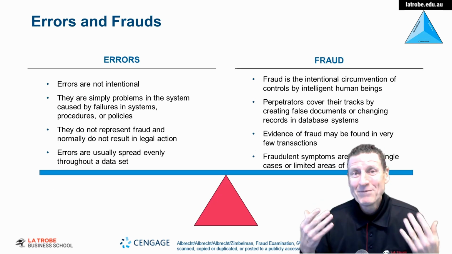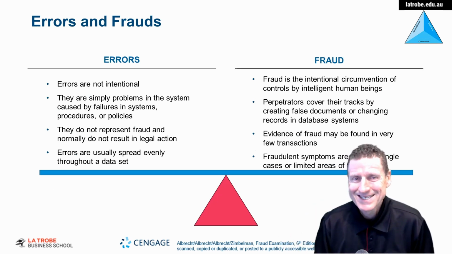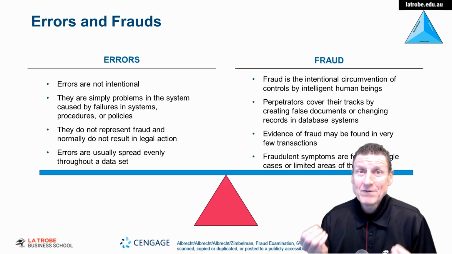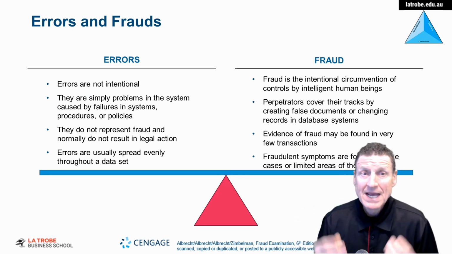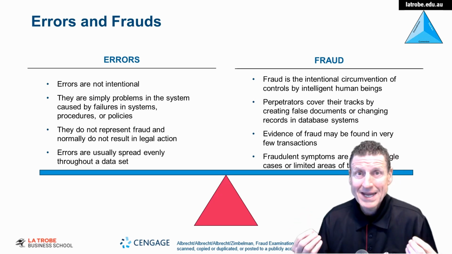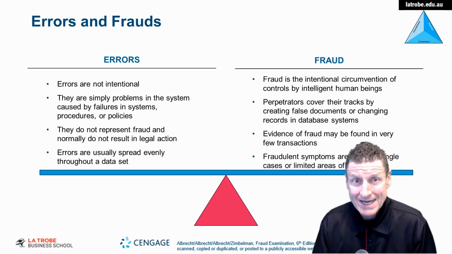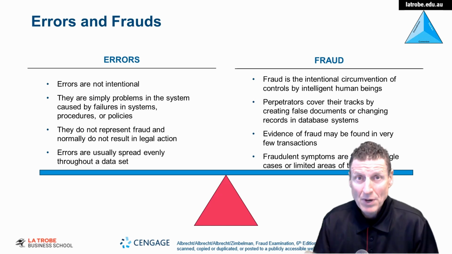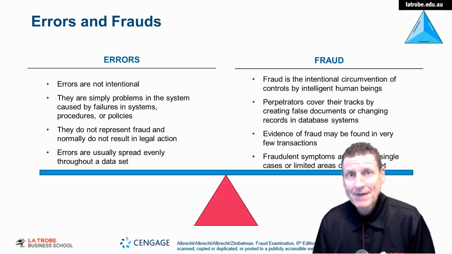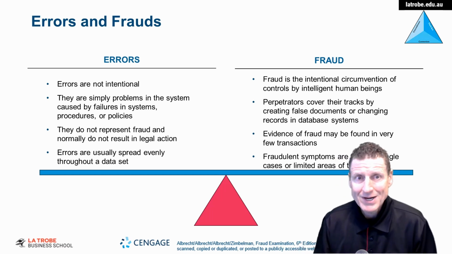And even before we get onto data analysis processes, get this, there's a difference between fraud and errors. Errors happen in organizations, in life, all the time, but they are not intentional. There are always problems with systems in organizations that cause errors. They are not frauds if they are not intentional. They do not represent fraud and normally not a result of legal action.